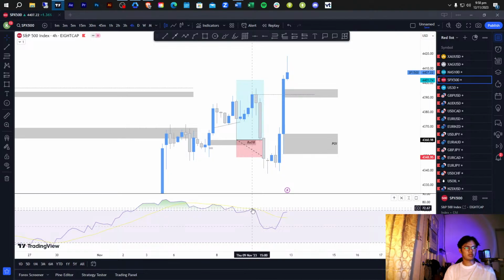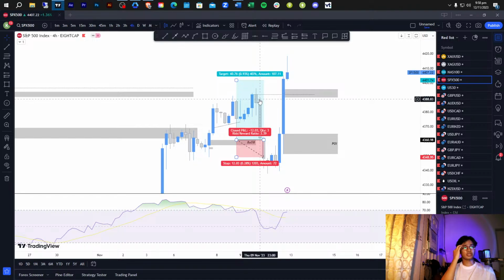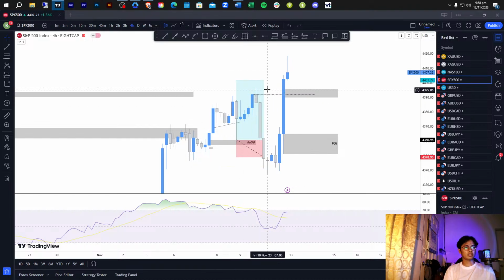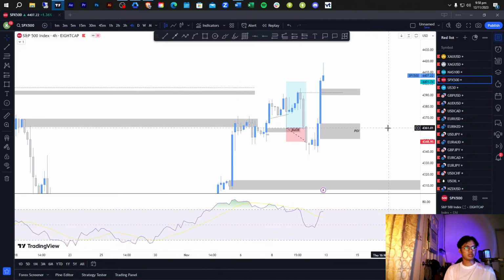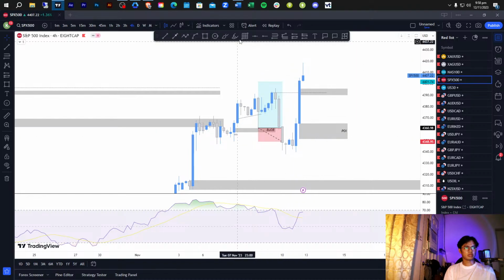You can see the price here is higher than this, and the price may actually go until this level right here.